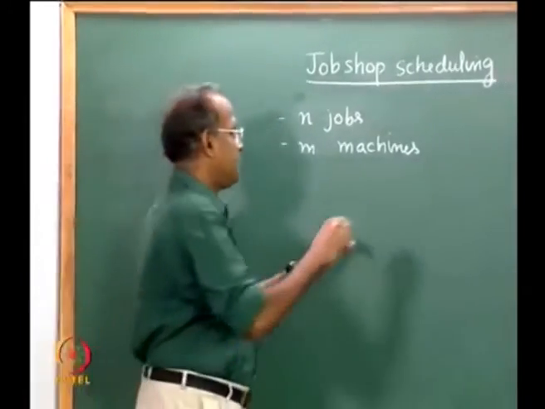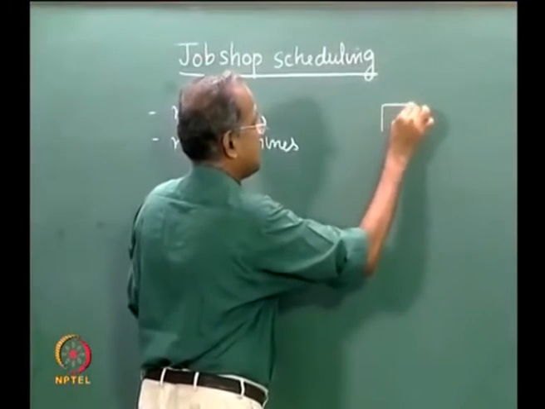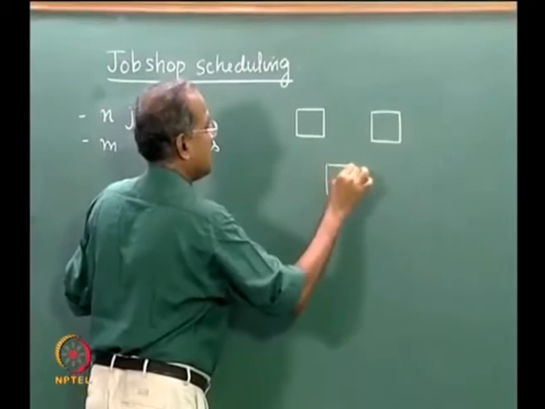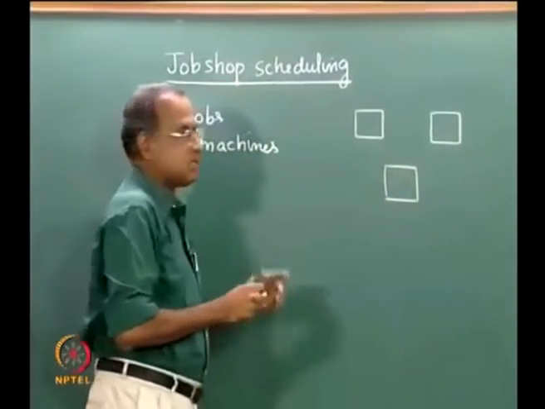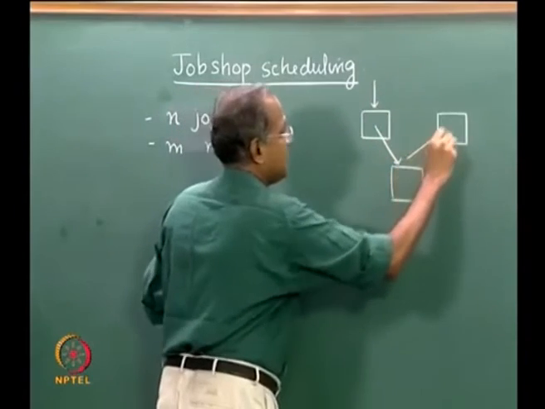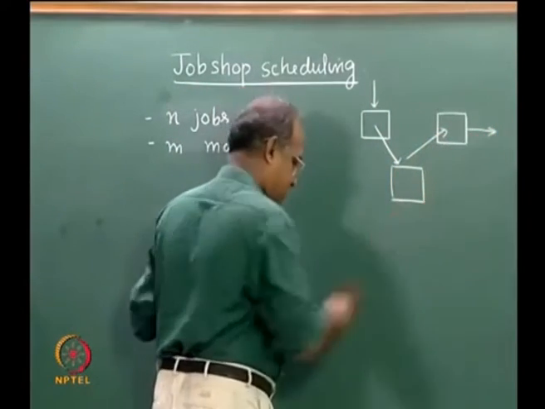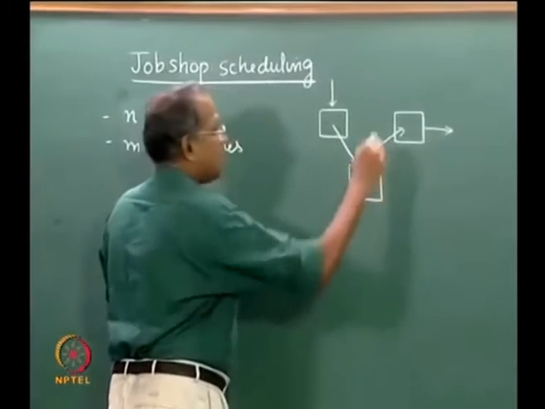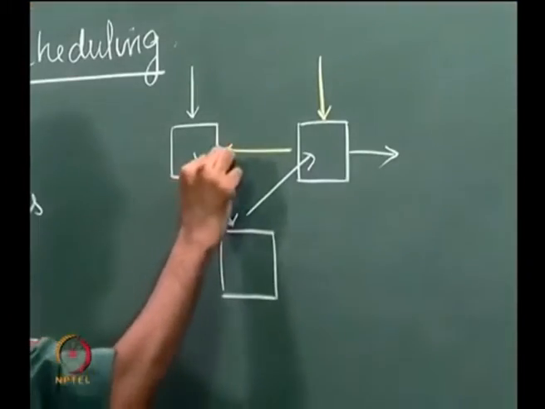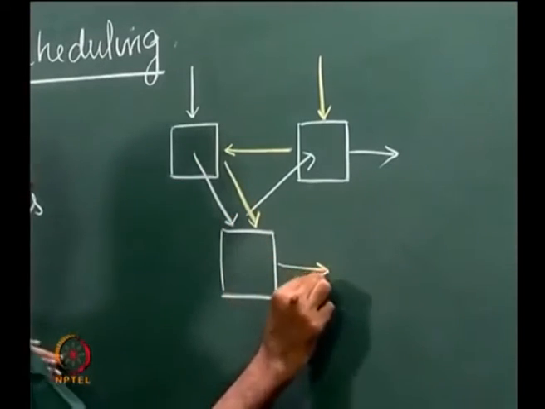For example, if there are 3 machines, one particular job may come here first, then visit this and leave, while some other job may start with this, visit this, come back to this and then leave.